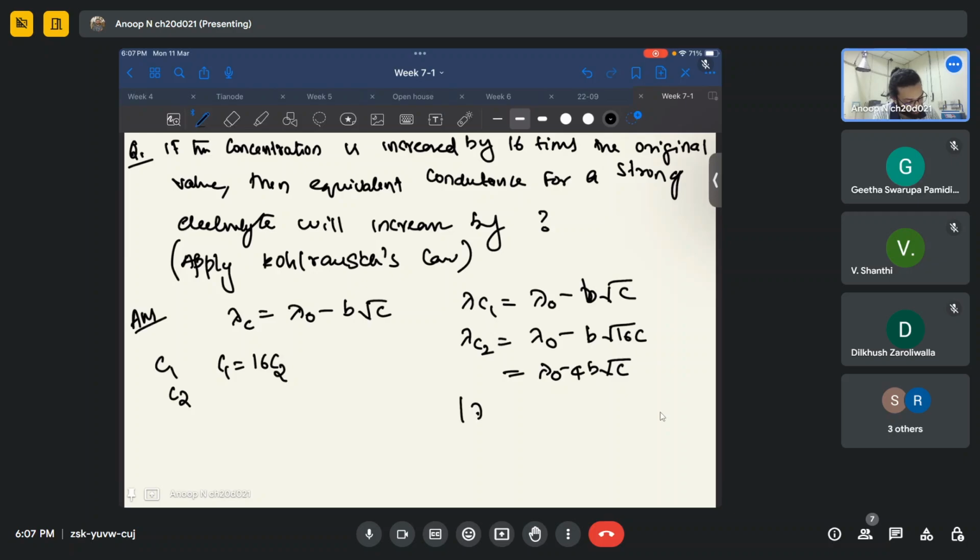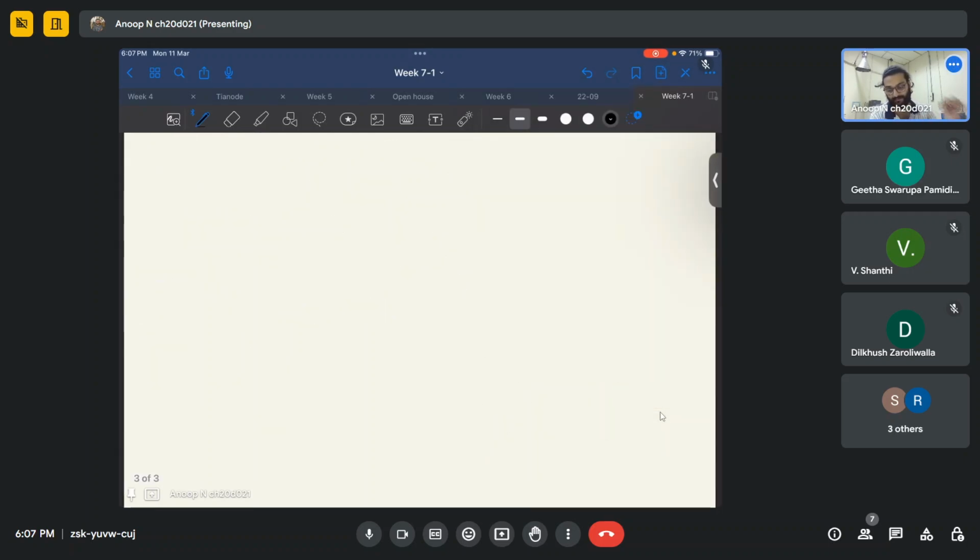So taking mod lambda c2 minus lambda c1, you will get 3b root c. Just straightforward. Since we solved it in the last class, I think you are able to solve this problem in the assignments. Is there any doubt in that? So we'll move on to the next question.